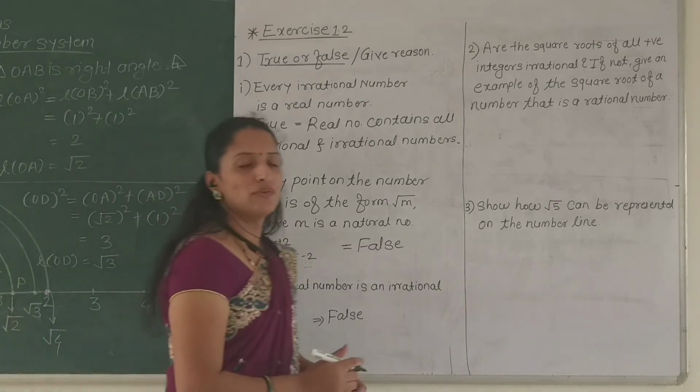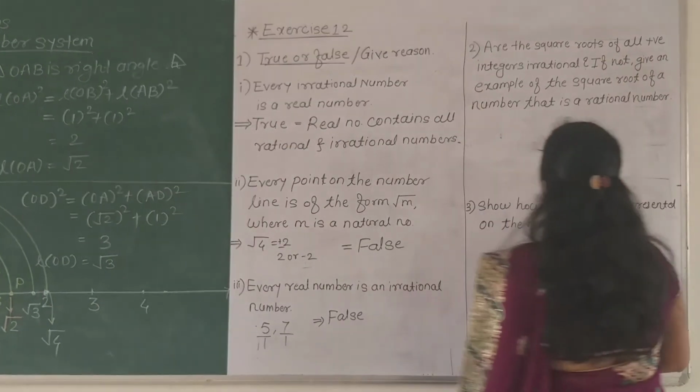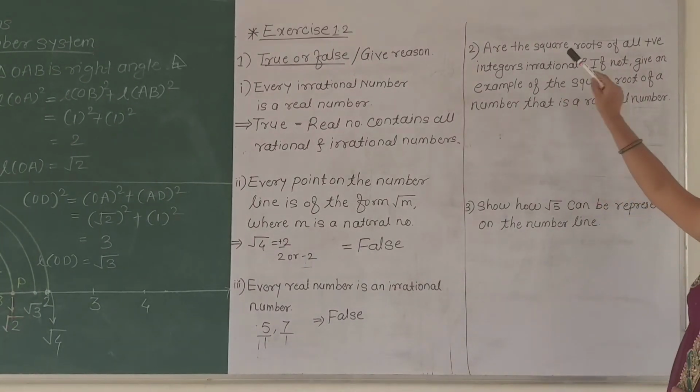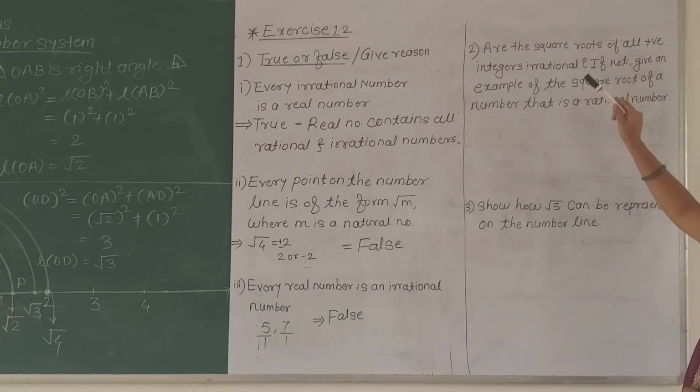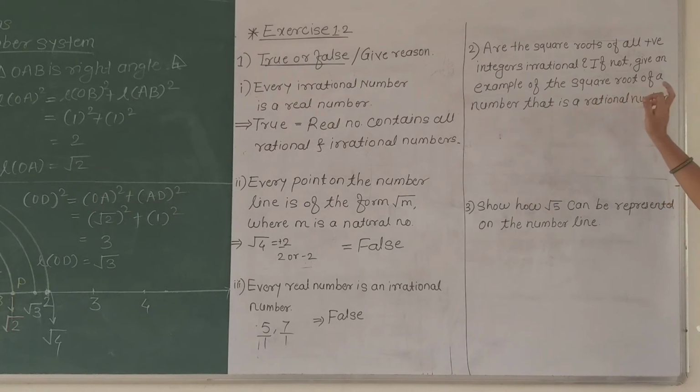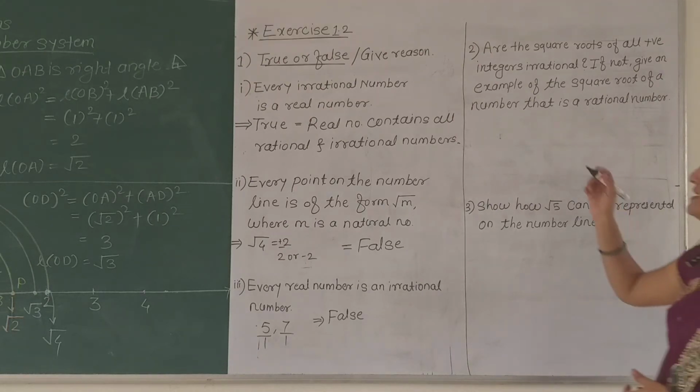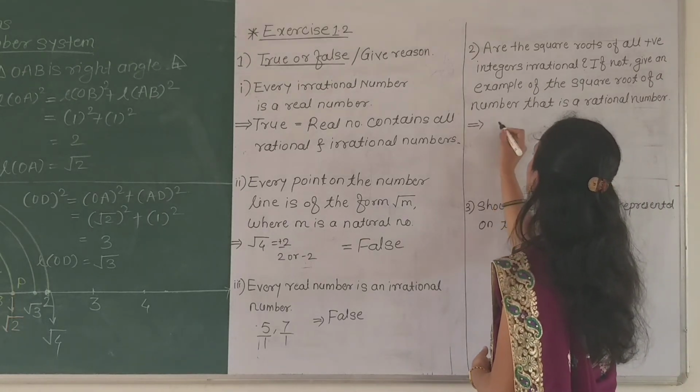Now the second question is: are the square roots of all positive integers irrational? If not, give an example of the square root of a number that is a rational number. Now consider here the square root of 9.